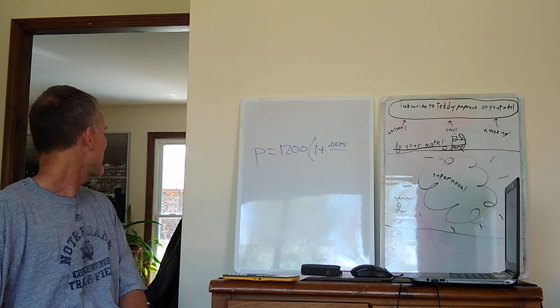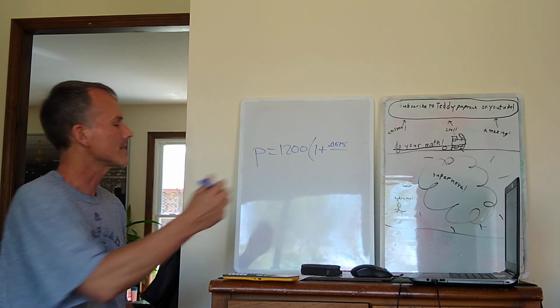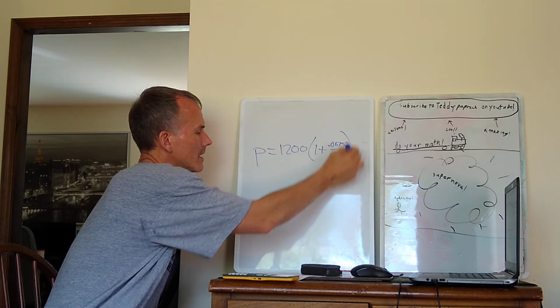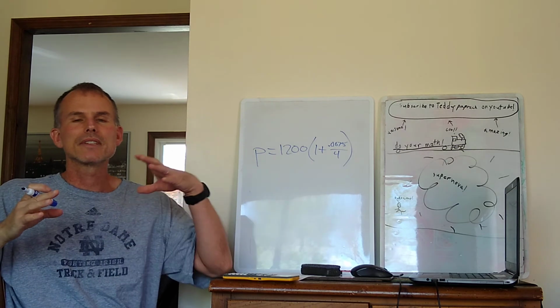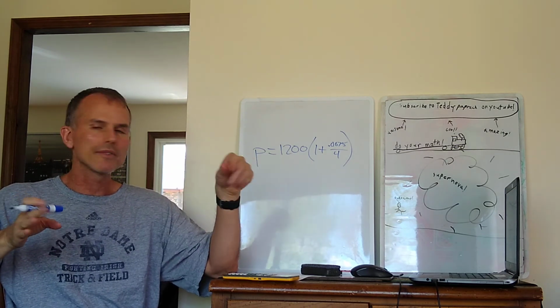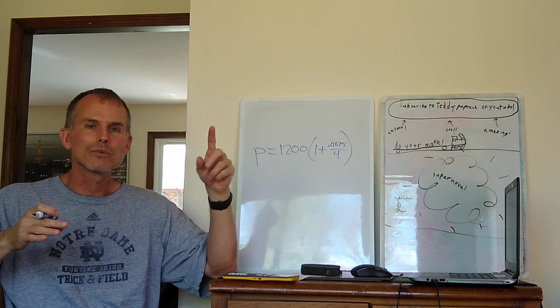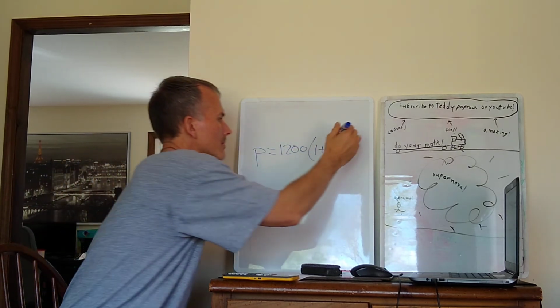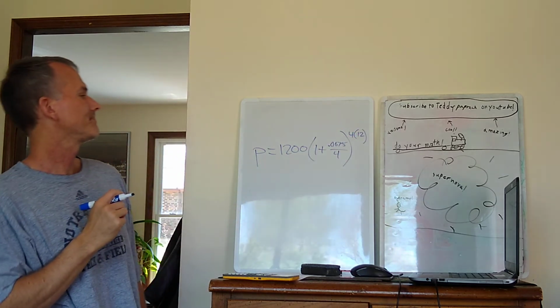Compounded quarterly means 4 periods per year. And up in the exponent, we put the time in years, 12, times n, which is 4. So I'm going to put 4 times 12 up there.